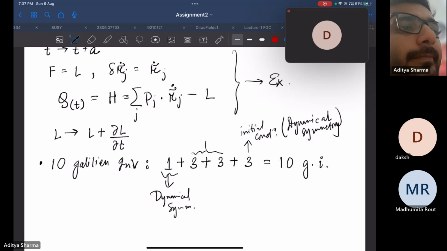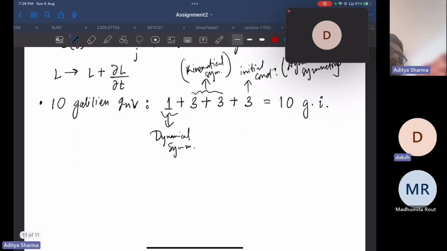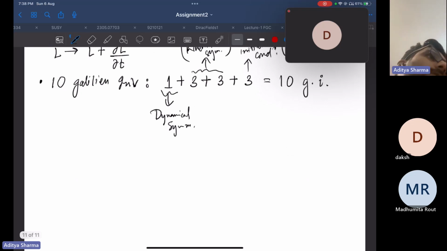These two, which are the momentum and the angular momentum, are examples of dynamical symmetry. Okay, so I'm done with the Galilean invariance. This is what I wanted to say.